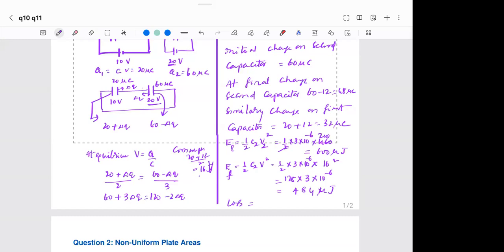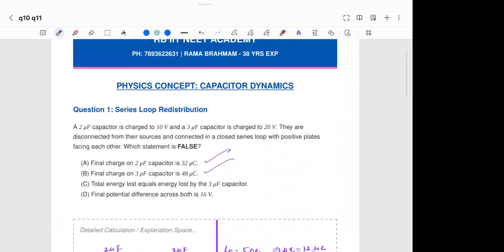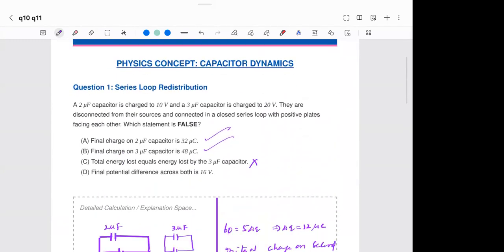Loss will be 600 minus 484. Here it is 2, so 126 microjoules is the loss. So the third option is wrong.